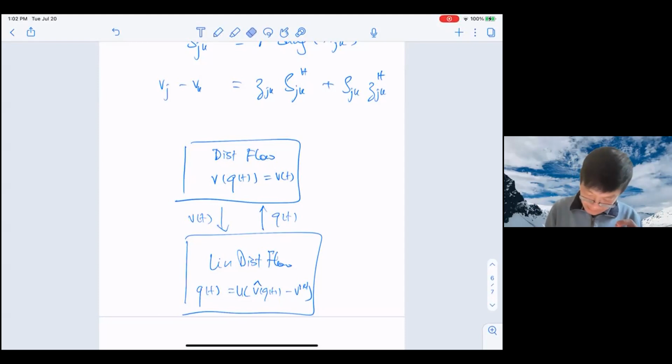So this V is not the voltage from your linear DistFlow model, but is the actual voltage produced by your nonlinear DistFlow, which you measure. But the design of the control depends on the linear DistFlow. So the design uses the linearized model, but once you have designed the control, you can just apply it to the nonlinear reality, which is this.